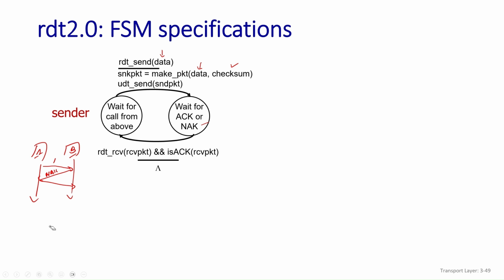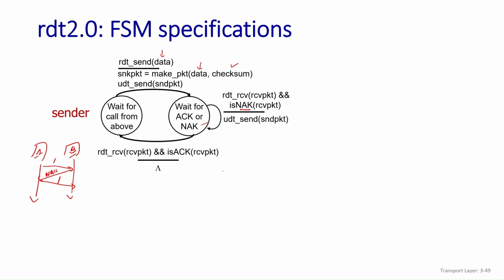So if the sender receives a packet and the packet is NAK, this means I need to resend the packet, which is segment number one in this case.